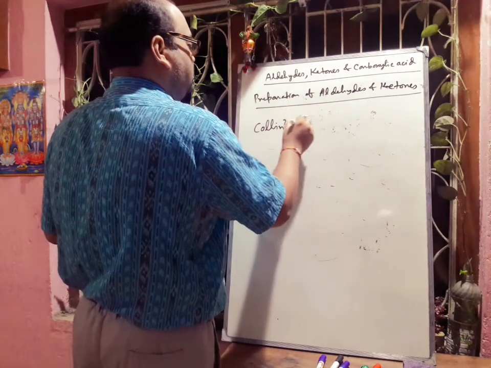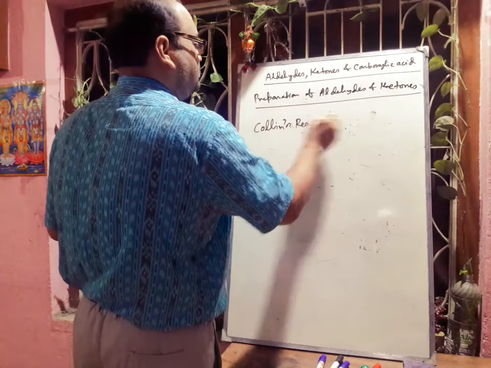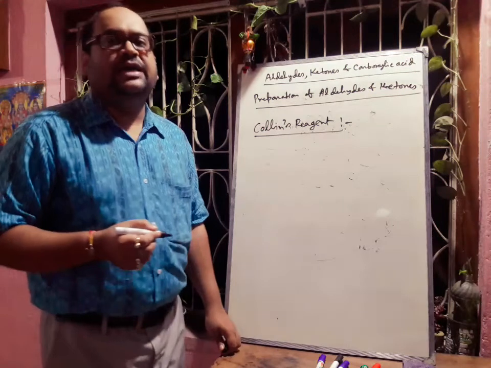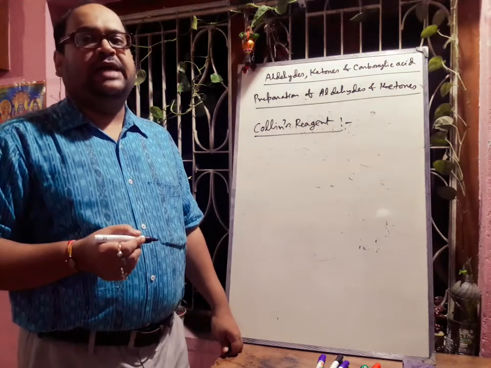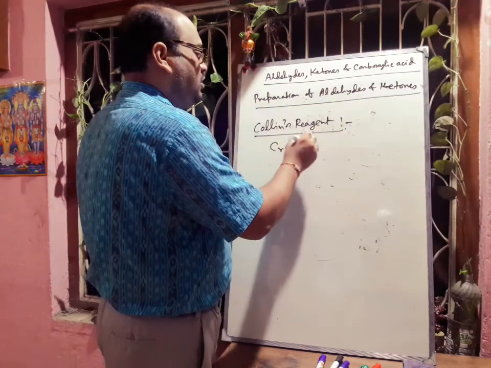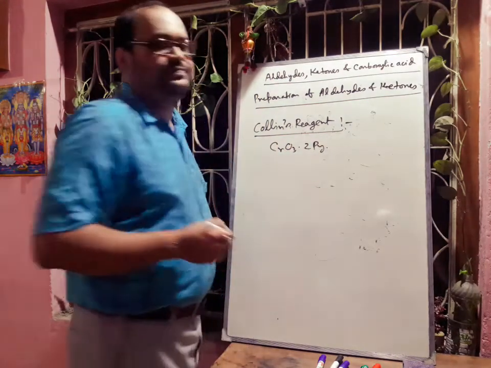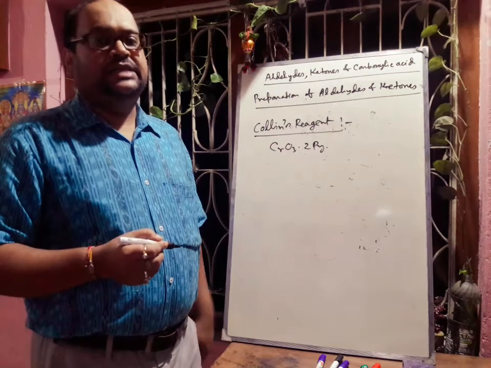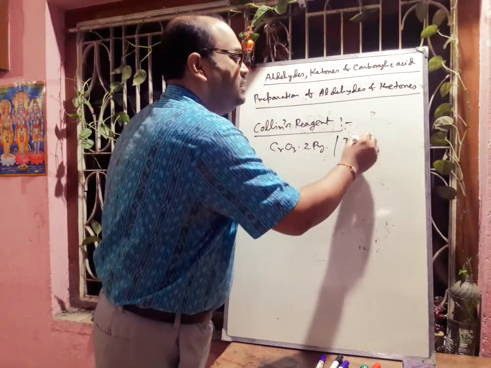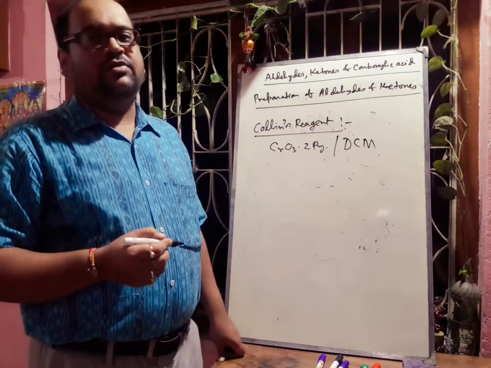What is Collins reagent? It is chemically chromium trioxide pyridine complex, generally represented as CrO3 twice pyridine. Generally this reagent is used in DCM, an organic solvent called dichloromethane.